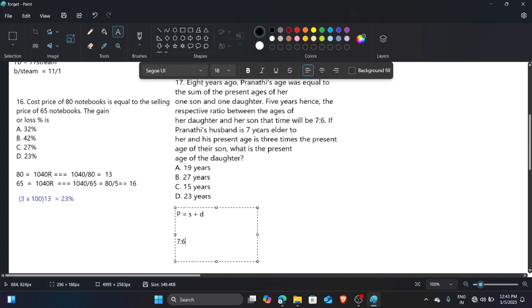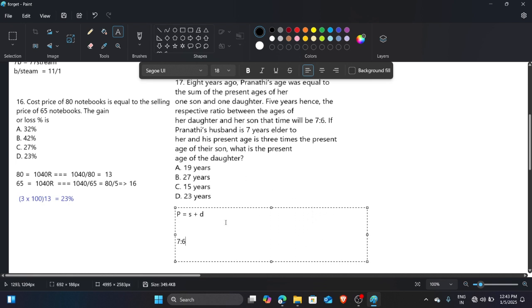If Pranathi's husband is 7 years elder to her and his present age is 3 times the present age of their son, what is the present age of the daughter? Yeah, it is a little bit complicated, so just try to do it.